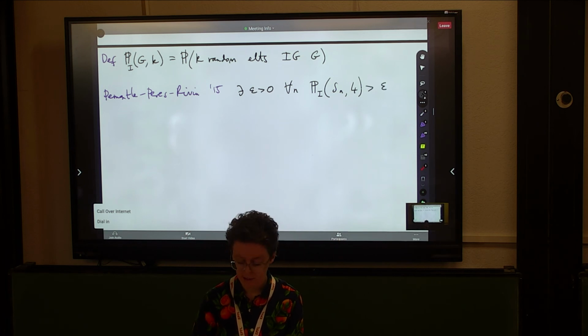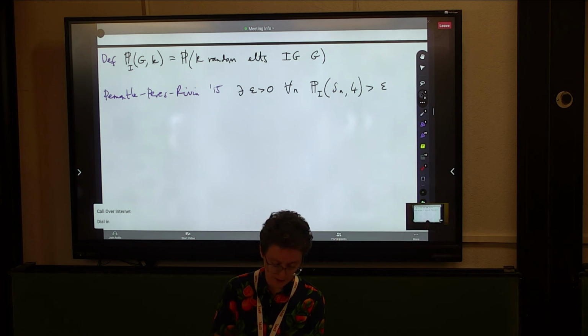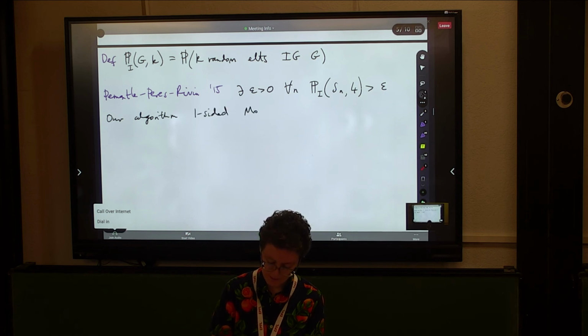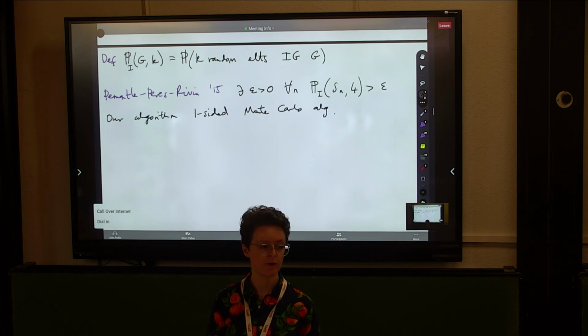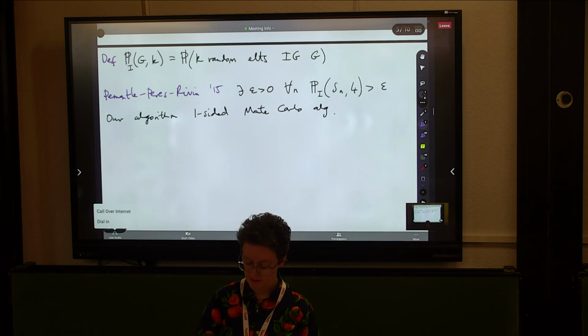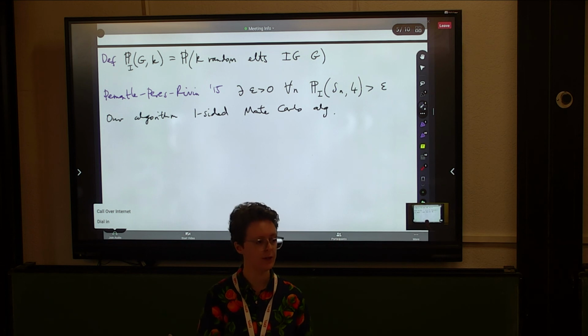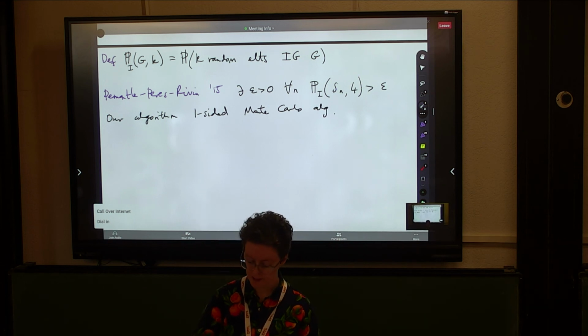What this actually means is that now our algorithm is proved to be, I think Alice called it a one-sided Monte Carlo algorithm. Because we get a false negative with a probability that we can somehow control. You basically just do it a bunch of times until you get the probability that you want. So you pick 4 elements and then you pick 4 more and pick 4 more until you're satisfied that you have a certain level of accuracy.